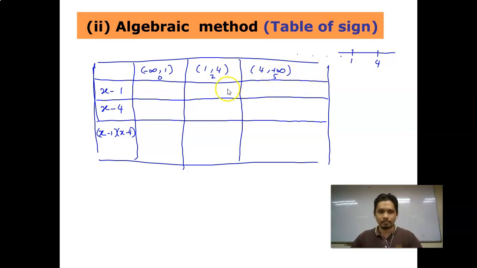Substitute the value of x here. 0 minus 1, negative 1. And 0 minus 4, negative 4. 2 minus 1 equal to 1. 2 minus 4 equal to negative 2. 5 minus 1 equal to 4. And 5 minus 4 equal to 1.